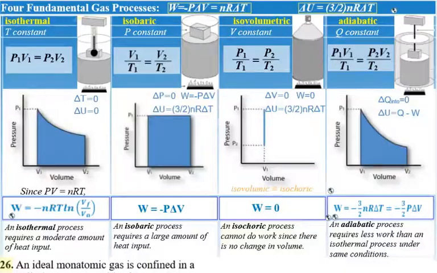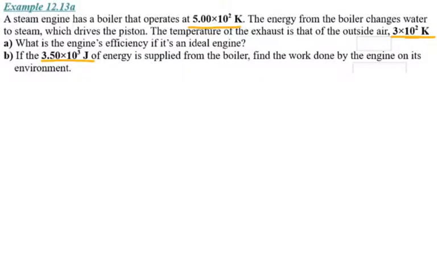In this question, they say a steam engine has a boiler that operates at 500 Kelvin, so that is the high temperature reservoir. The energy from the boiler changes water to steam, which drives the piston.